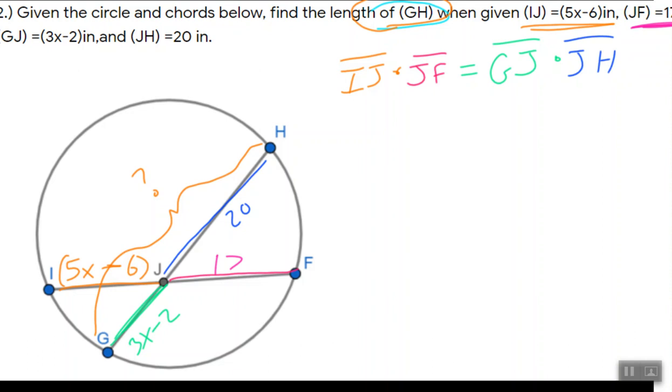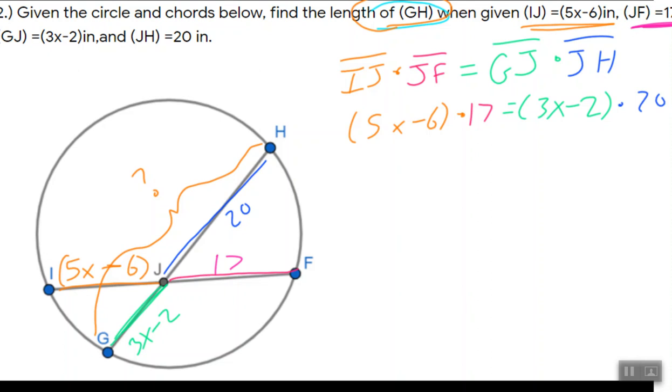And from there, it's really easy to see once we plug these things in. We have 5x minus 6 times JF, 17, is equal to 3x minus 2 times JH, which is 20.